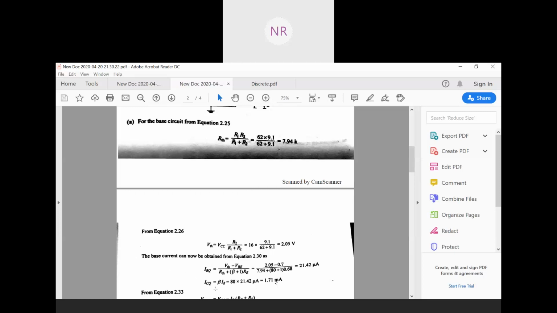Quiescent point means the Q point, the operating point. At that point, the value of IB is IBQ, the value of IC is ICQ, and the value of VC is VCQ. That is what we are going to calculate here. Substitute all the values and you will get the IB value as 21.42 microampere.